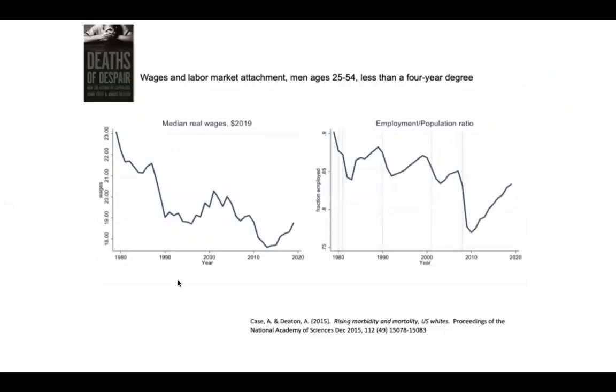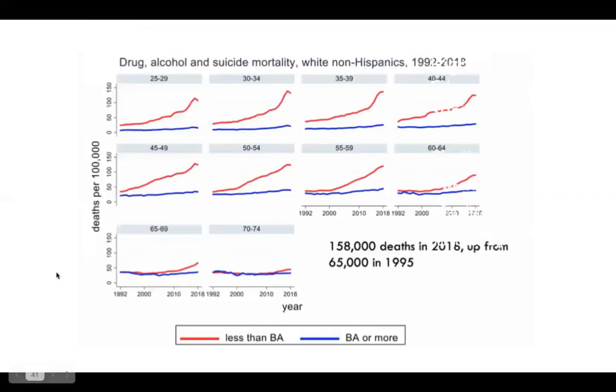And of course, it's showing. Here is the labor market, 25 to 54, less than a 4-year degree, and the employment to population ratio. You can see the downward trend since 1980, it's bounced back a little bit, but wages, the decline in wages and the decline in employment, and of course, one of the things that comes along with this is what they call the deaths by despair.